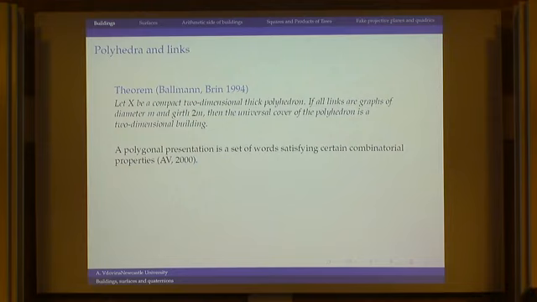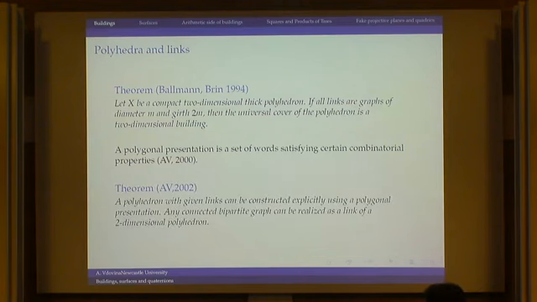Also, about 2000, I introduced a combinatorial way to get polyhedra. I decided really not to give the definition because it is quite long and technical. But the idea is quite simple: to have a set of words with some additional combinatorial properties such that we get given links at vertices.